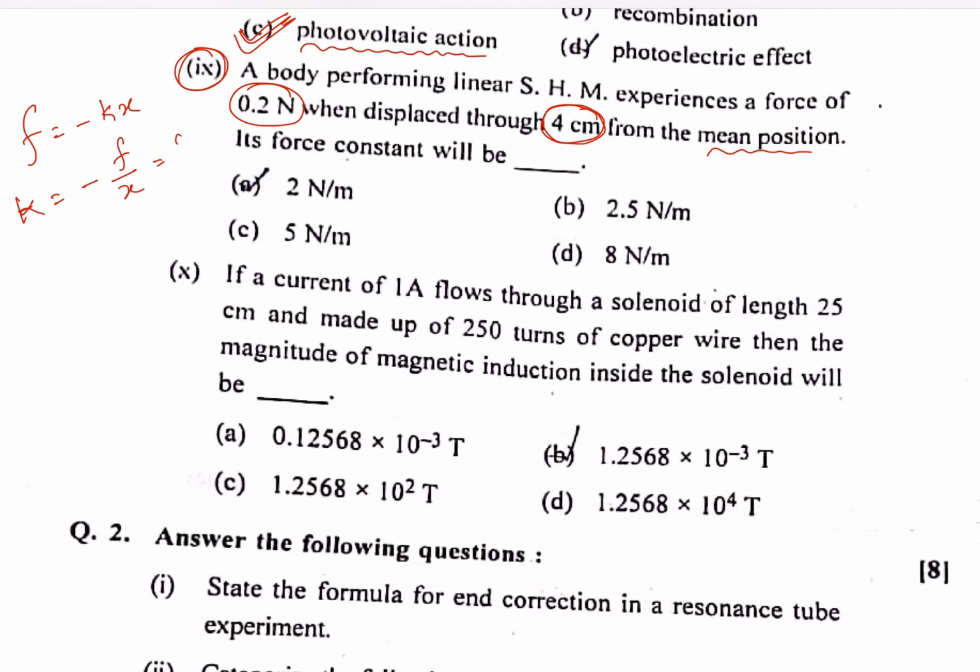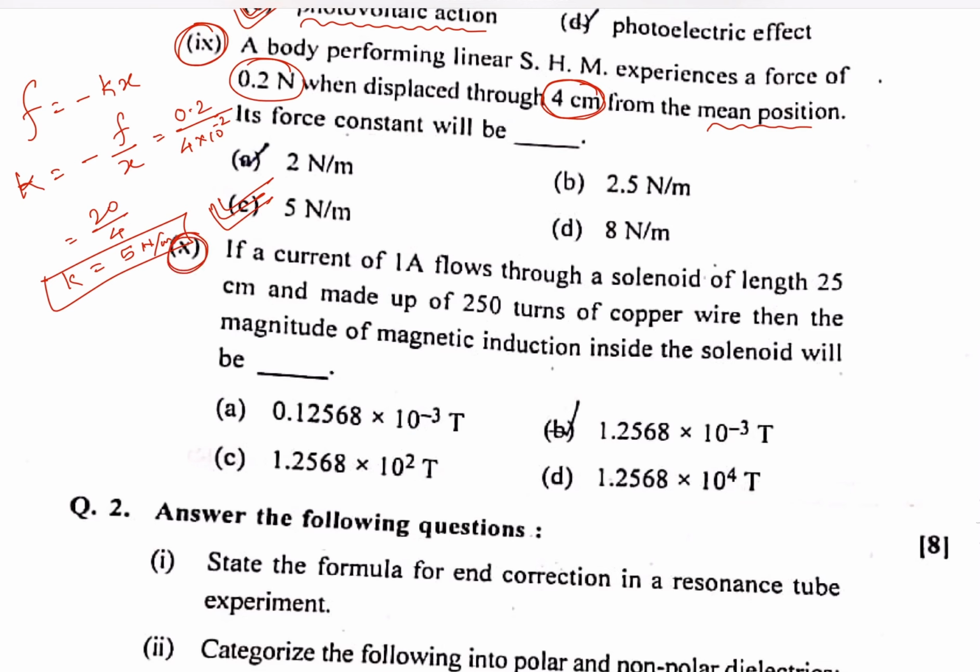F is 0.2 and x we have to write in meter, so 4 into 10 raised to minus 2 meter. That minus 2 shifted up becomes plus 2. So 0.2 into 100 is 20. 20 by 4 is 5. So k is 5 Newton per meter. So 5 is in option C. So option C is the correct answer for MCQ 9.